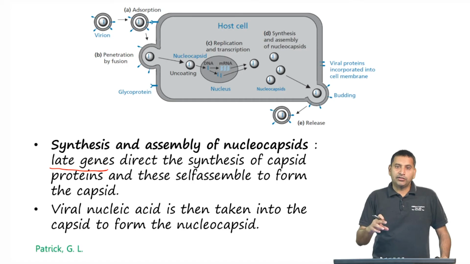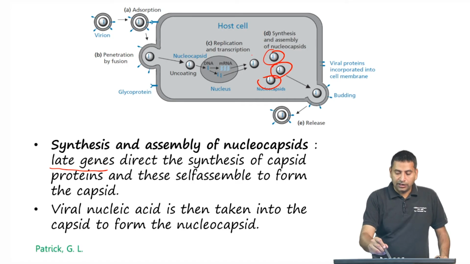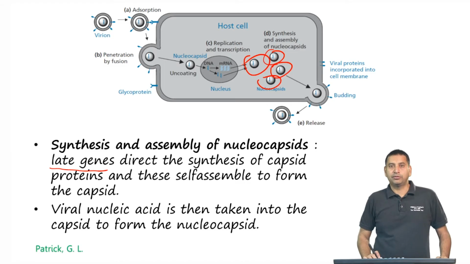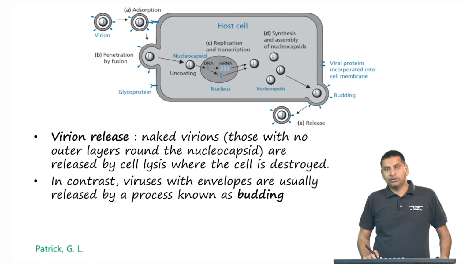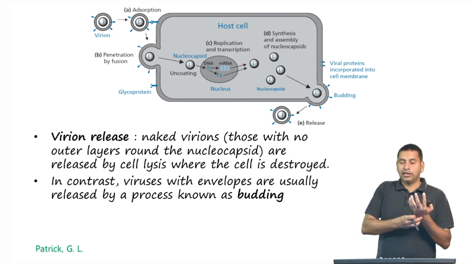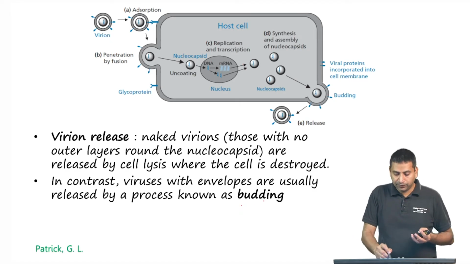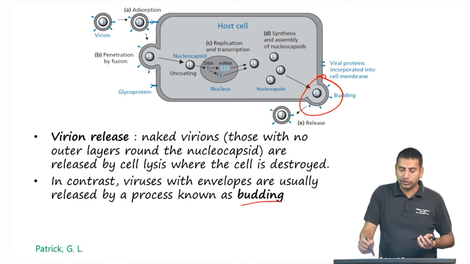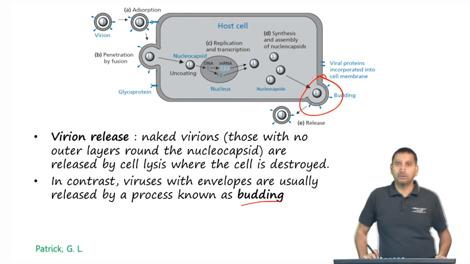The viral nucleic acid is then taken into the capsid, which is shown here, and they form a nucleocapsid. Then comes the next process, which is the virion release. The naked virions, that is with no outer layer around the nucleocapsid, are released by cell lysis, and then the cell is actually destroyed in this process. And this can also be done by a process known as budding. Here is the budding process, which then results in the release of the virion.